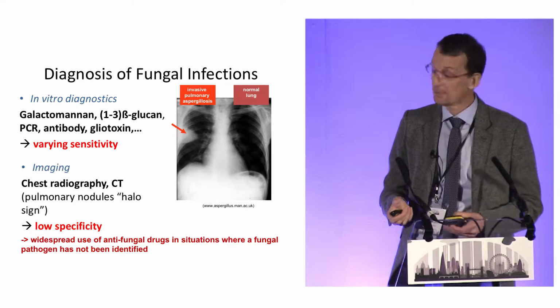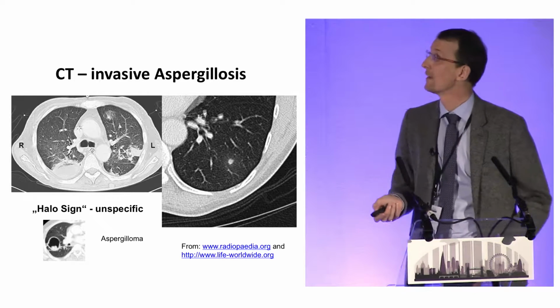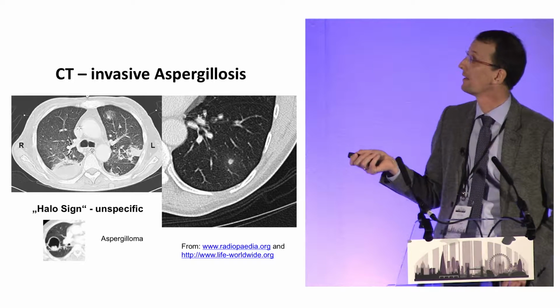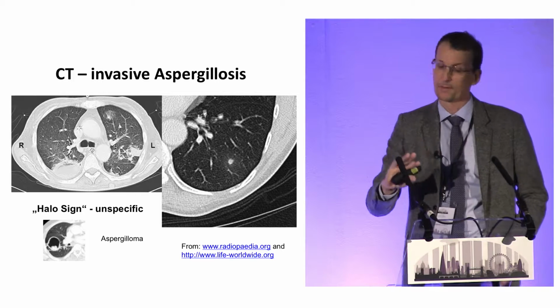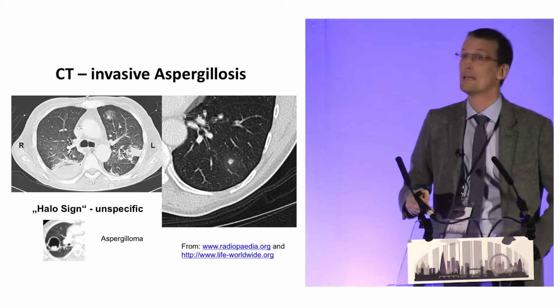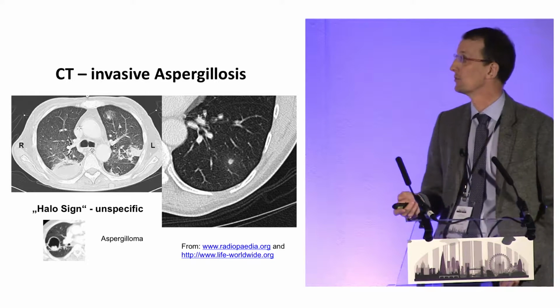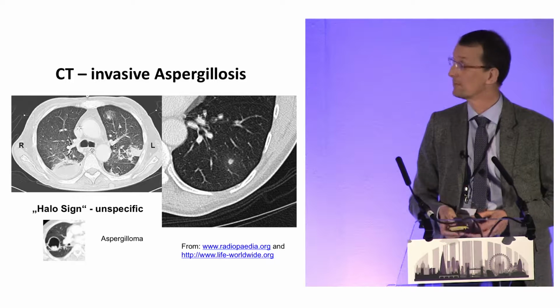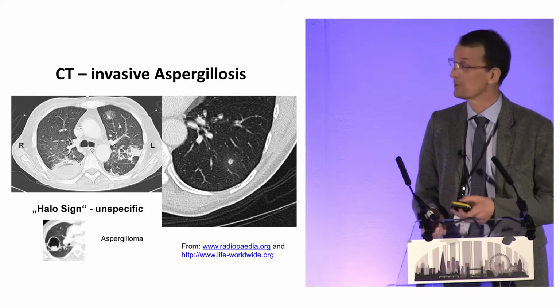That's one example in a patient with invasive aspergillosis, and you see here the typical sign called the halo sign, which is indicative for aspergillosis but is not specific, so it can also be related to other underlying diseases such as inflammatory processes or other infections.